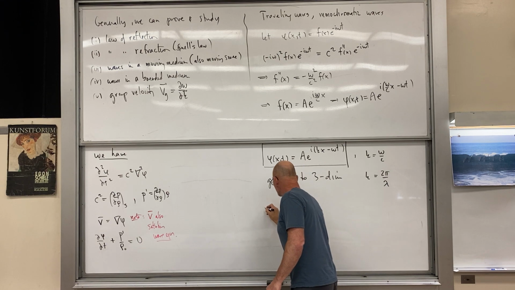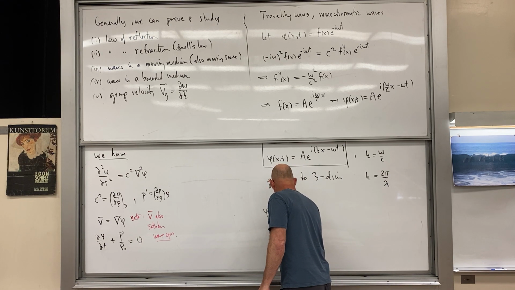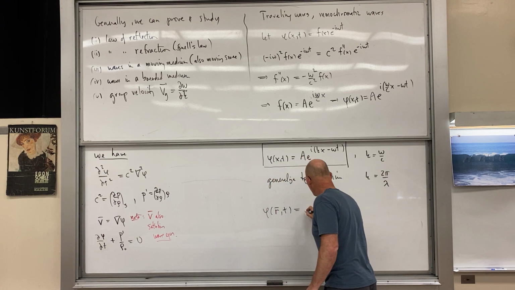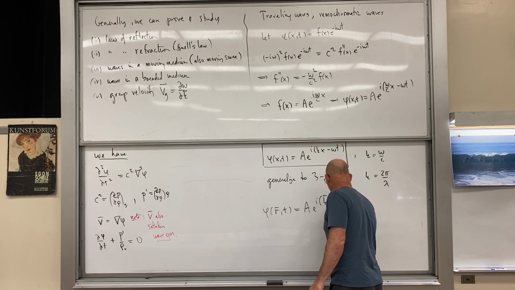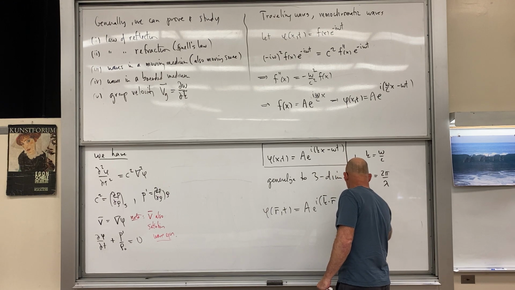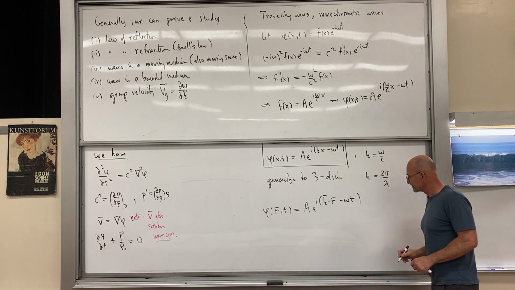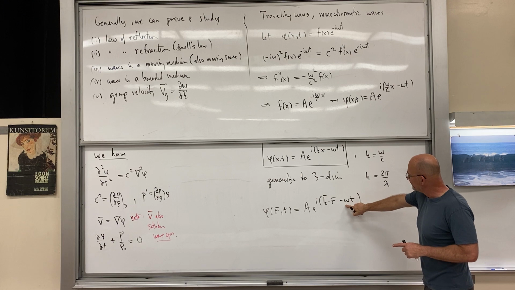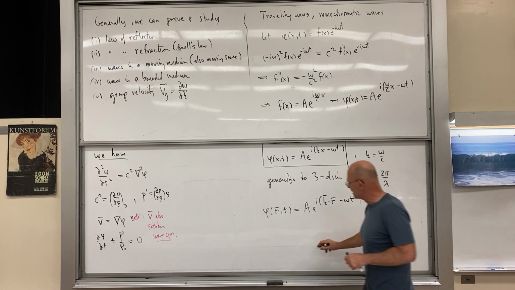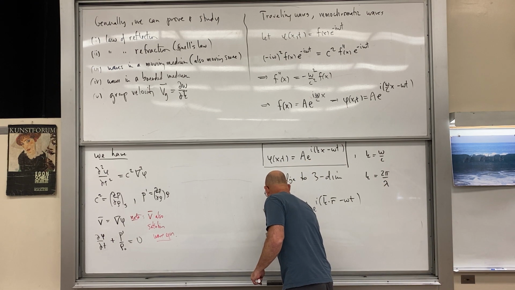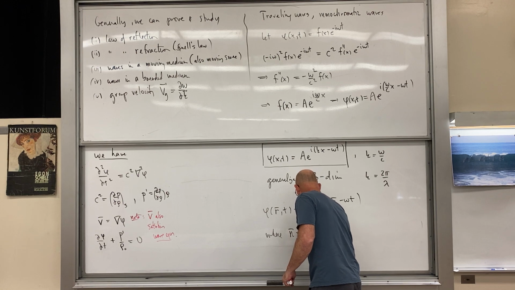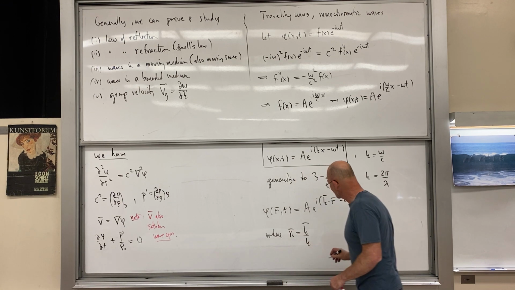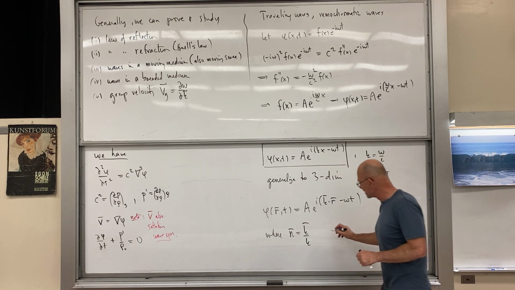Then we're going to have phi of r and t equal to A e to the i vector k dot r minus omega t. And now k is going to be the direction of propagation, where I'll go ahead and define an n unit vector, k over magnitude k, gives us the direction of propagation.